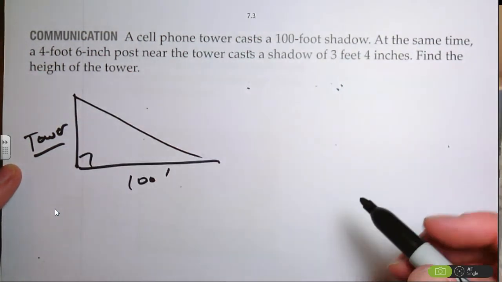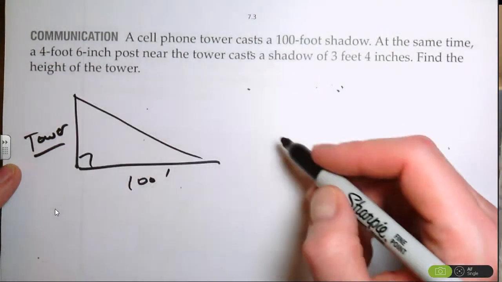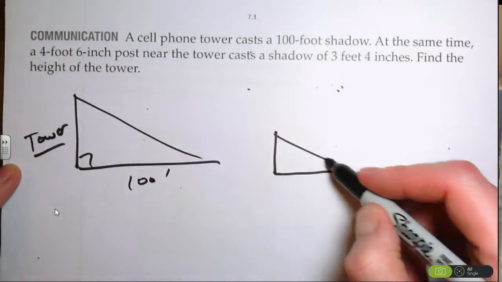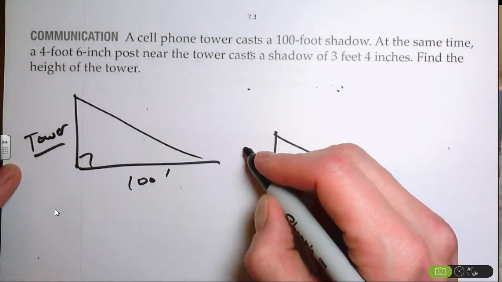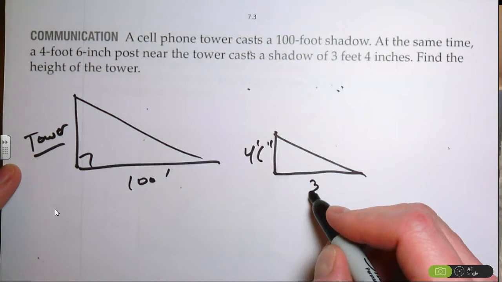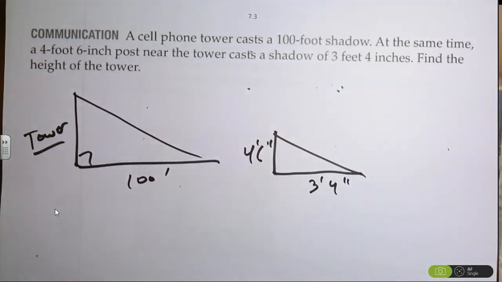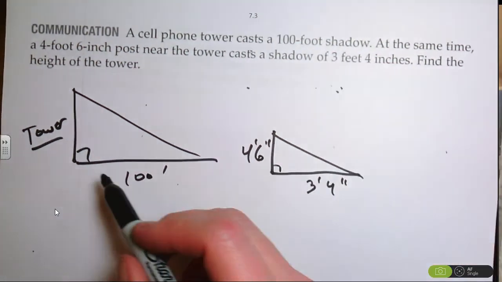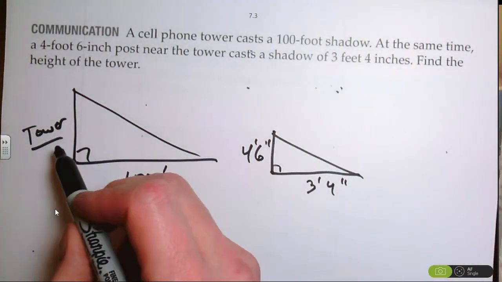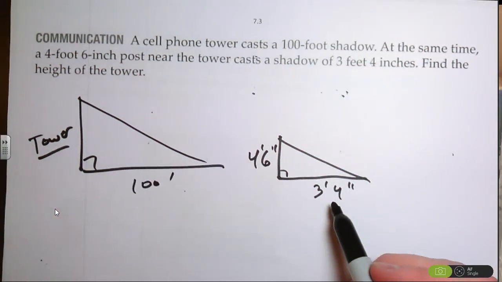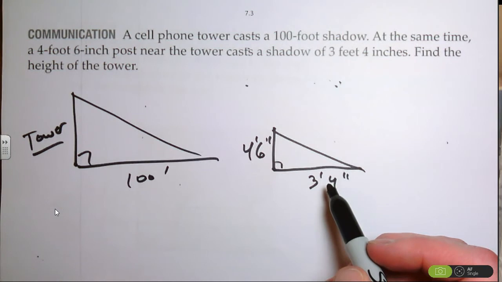At the same time, a 4-foot 6-inch post has a shadow that is 3 feet 4 inches. Now, one of the things we have talked about in class is this actually creates two similar triangles. We have the tower height to the height of the post, tower shadow to the shadow of the post. So we can set up that proportion.